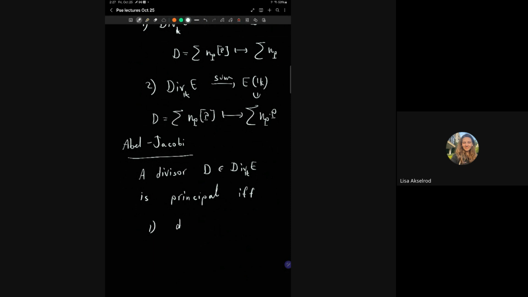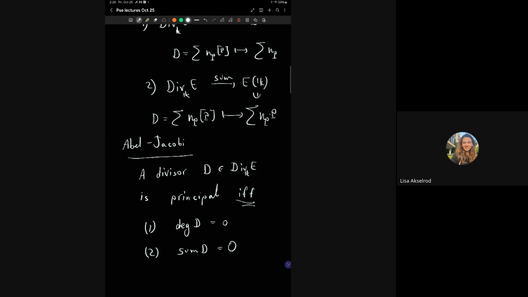One is that the degree of D is 0, and two, that the sum of D is 0, is O. And the important part here is the if and only if.